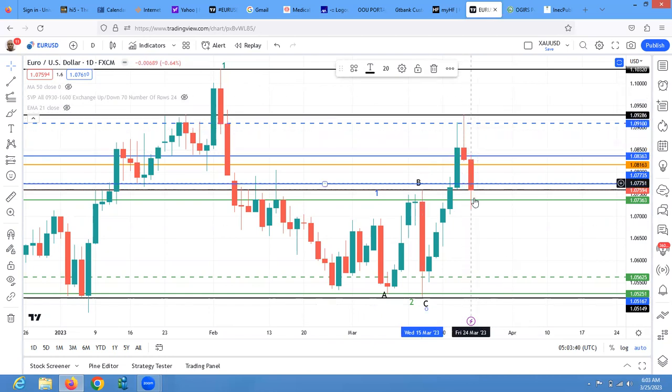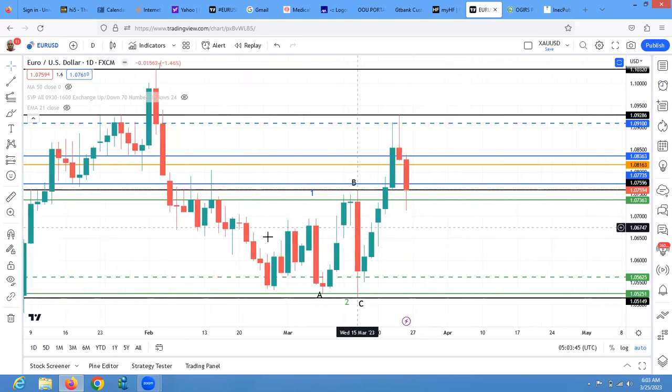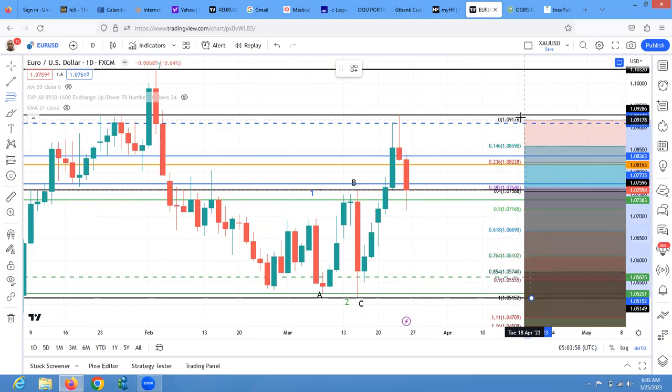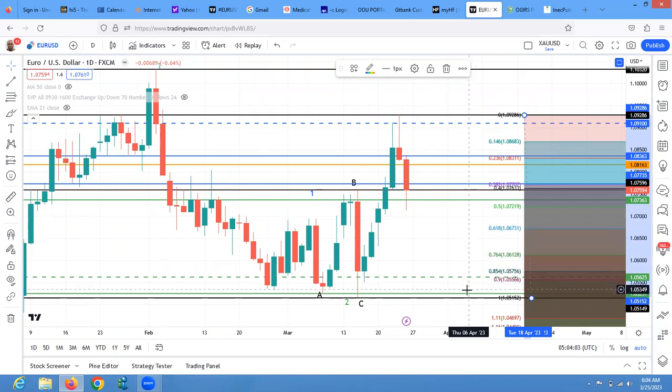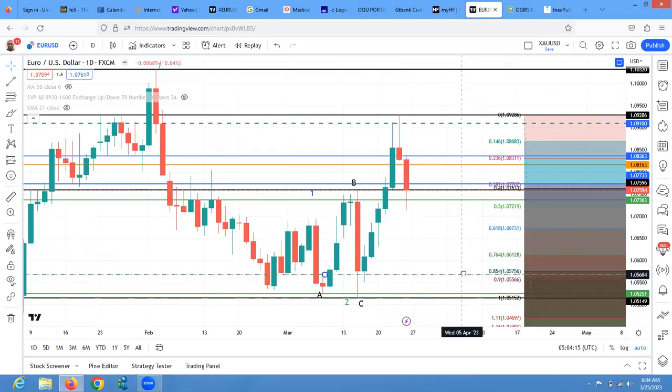Now, for me to take this that we are going to break down, this is what I'm saying. For us to say we are going to break down, we must take out this level. We must take out this level of 85.